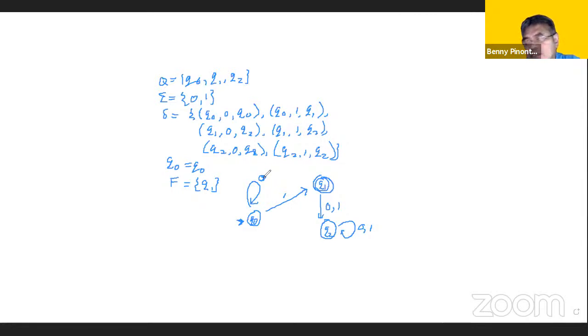Okay, so what is the shortest word accepted by this automaton?